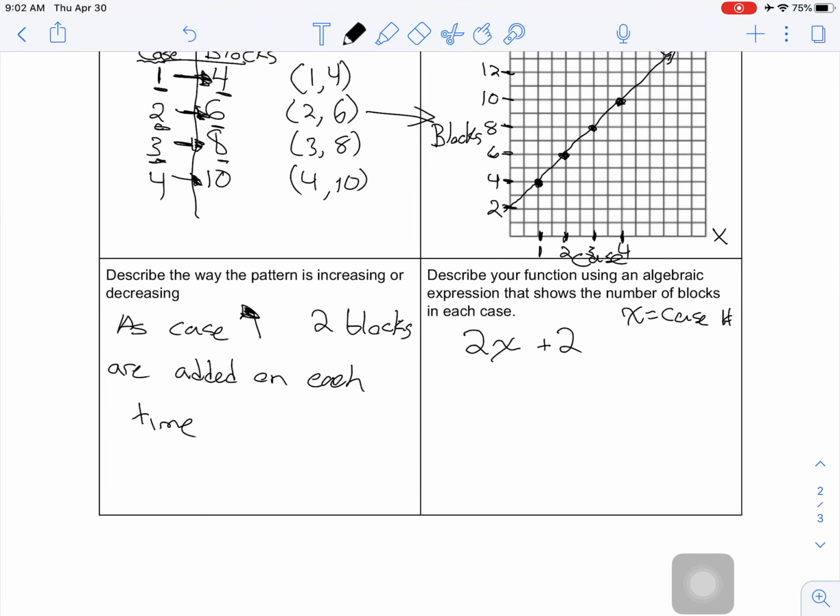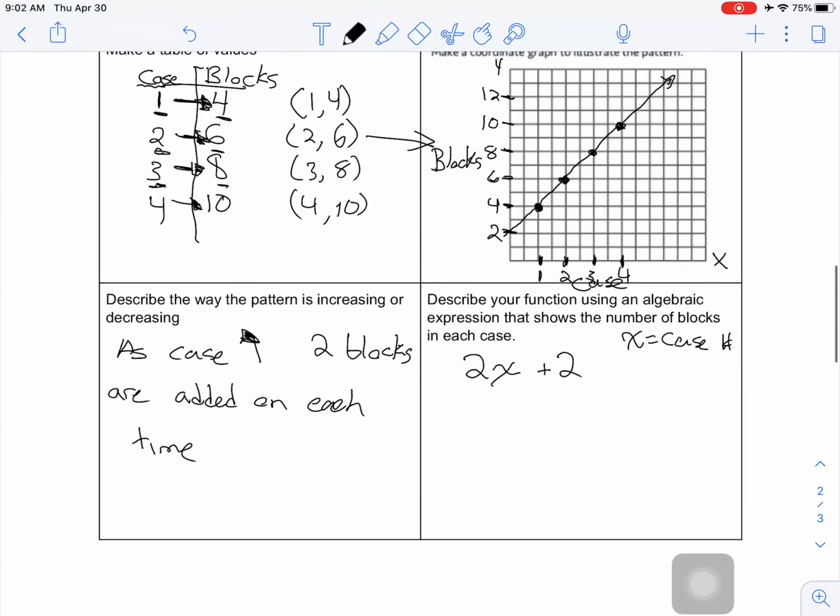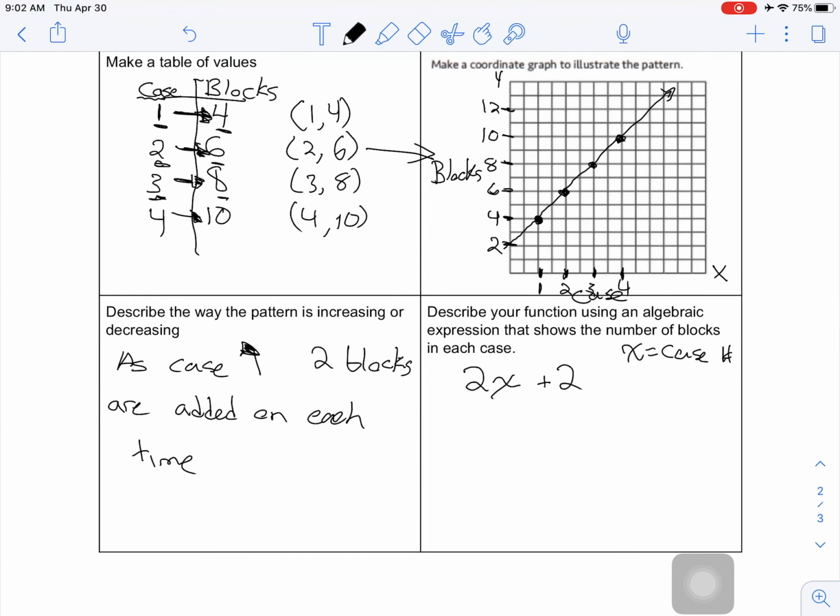And now x could be any case number, right? So if it was case 1, it would be 2 times 1 plus 2, which equals 4, right? And that checks out. But what if I said, what is case 100? Well, you could go 2 times 100 plus 2. 2 times 100 is 200, plus 2 is 202.